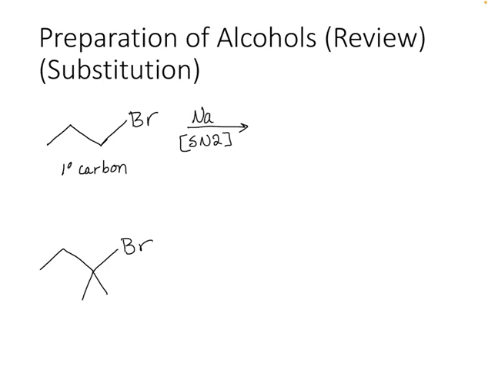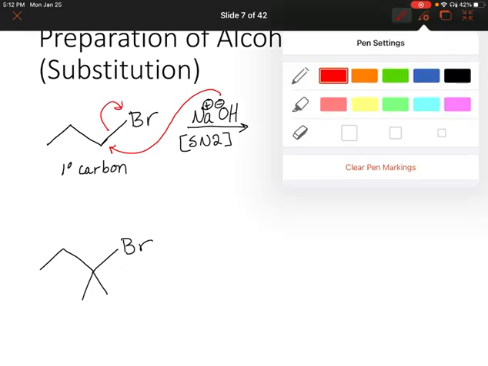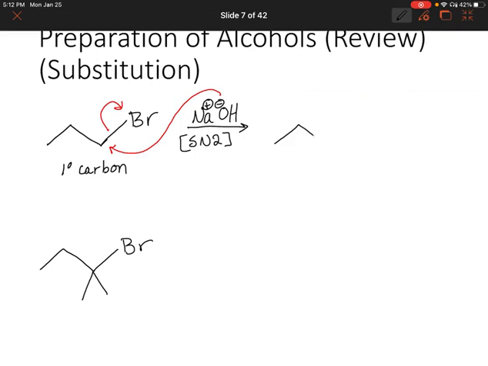So we could use something like sodium hydroxide here to get our alcohol. So that can come in and attack the carbon that's bonded to the leaving group, and then the leaving group heads out, and we get our alcohol. And what type of alcohol is this? Primary, secondary, or tertiary? Primary.